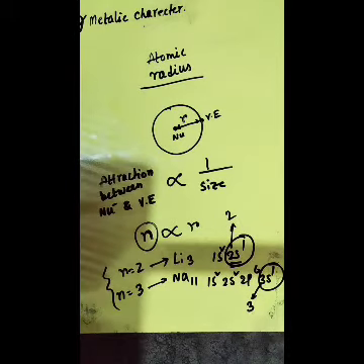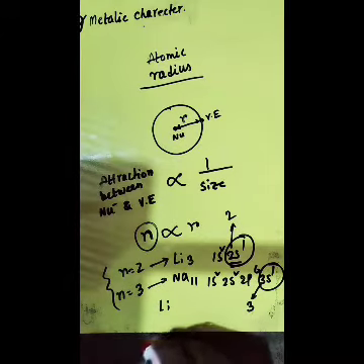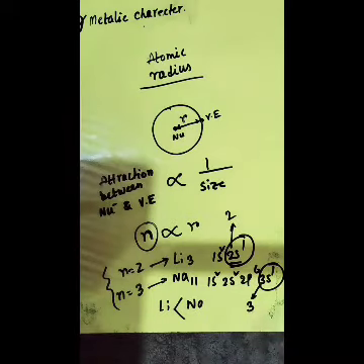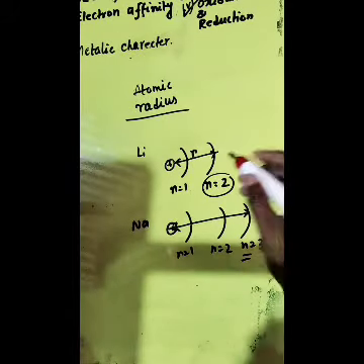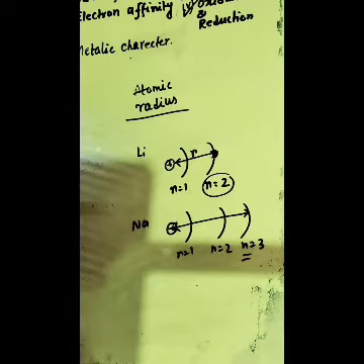Therefore, in the size order of sodium and lithium, lithium has a smaller size than sodium. Why? Because the principal quantum number increases for sodium. In lithium, the valence electron is present in the second shell, because the principal quantum number of lithium is 2.